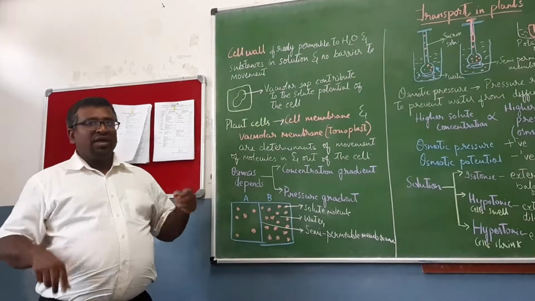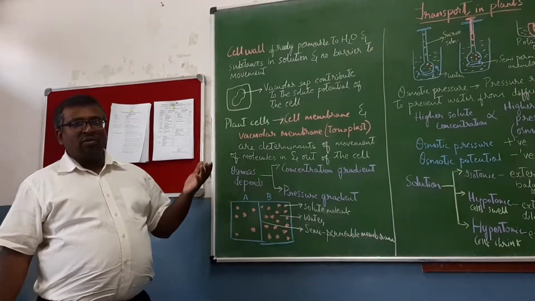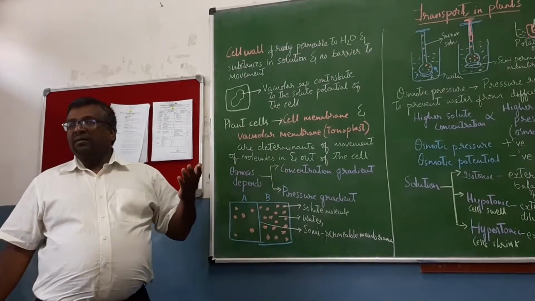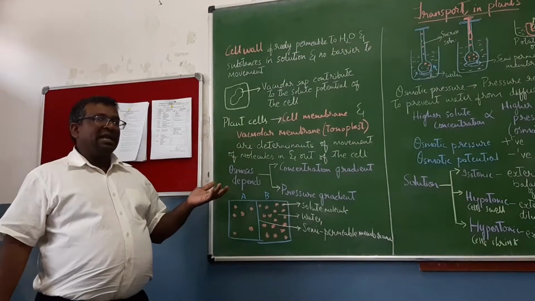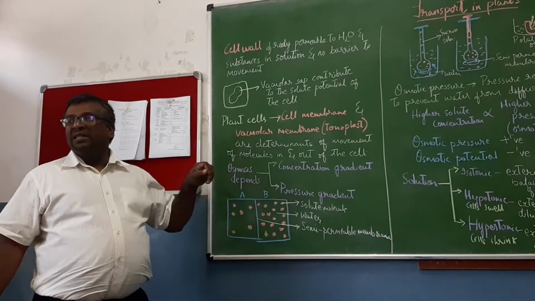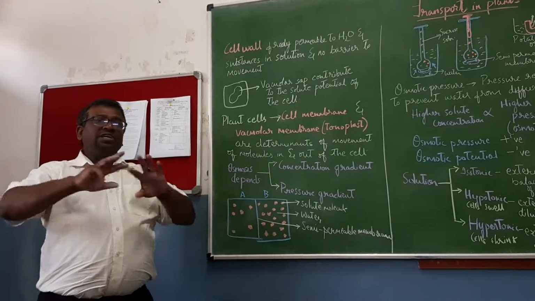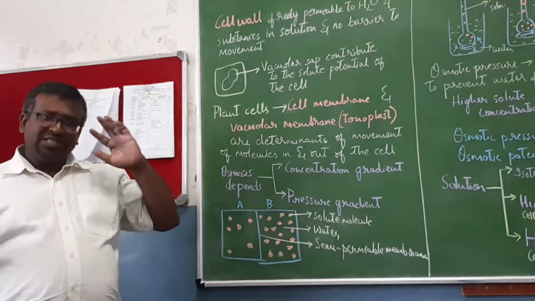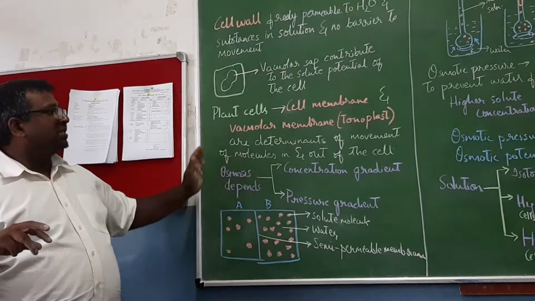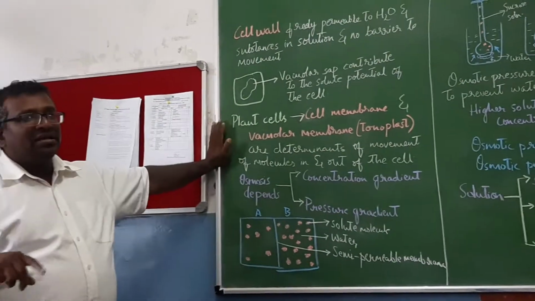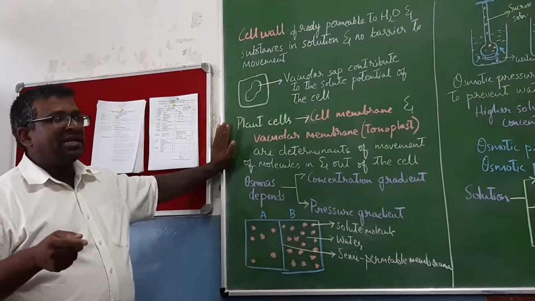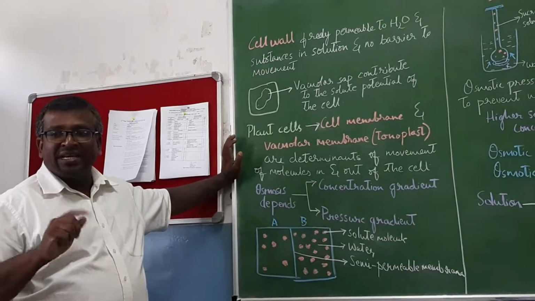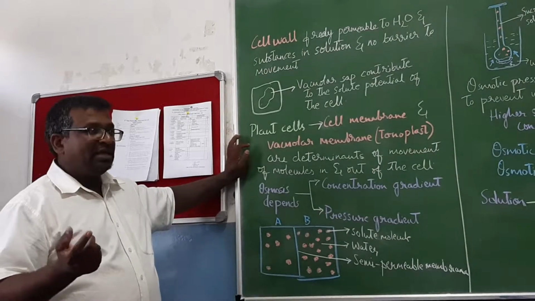They decide. We have already discussed active transport. If you remember the carrier ions, carrier pump and other things, proteins which help in the transportation by various methods, uniport, symport, all this you have to correlate with this concept. In plant cells, the cell membrane or plasma membrane and the tonoplast determine what type of molecules can enter and exit the cell.